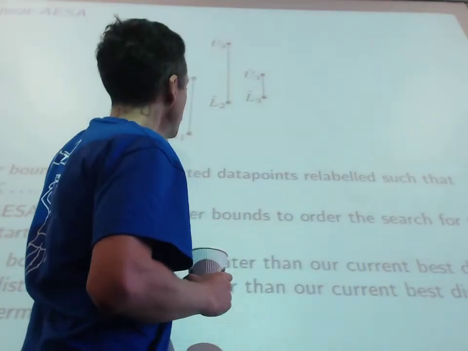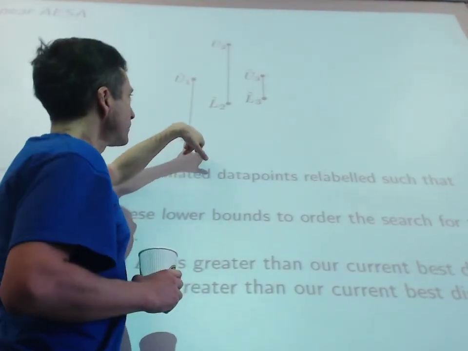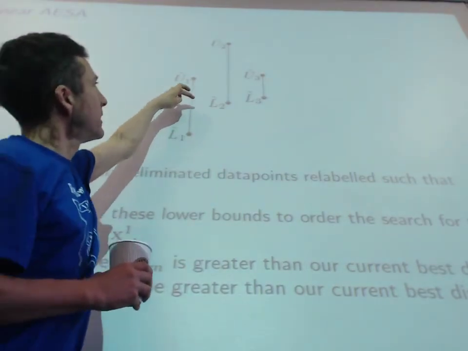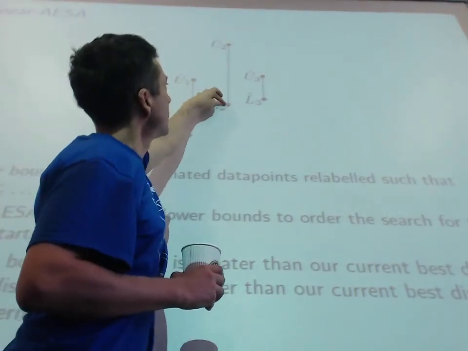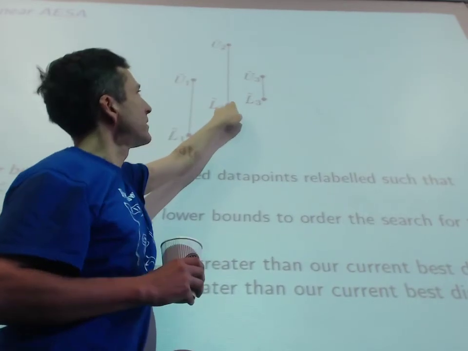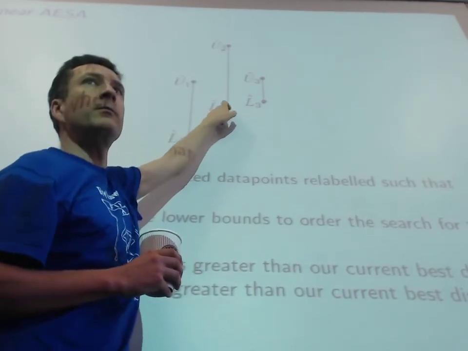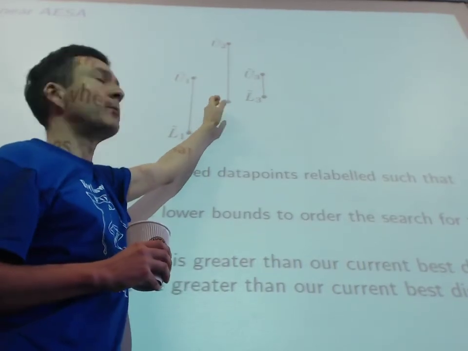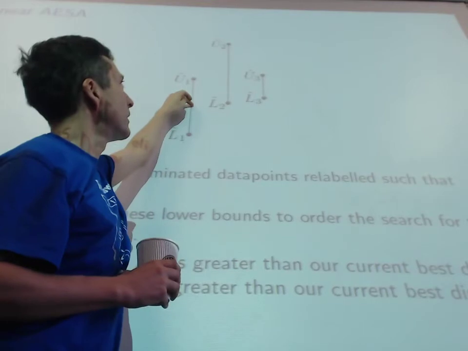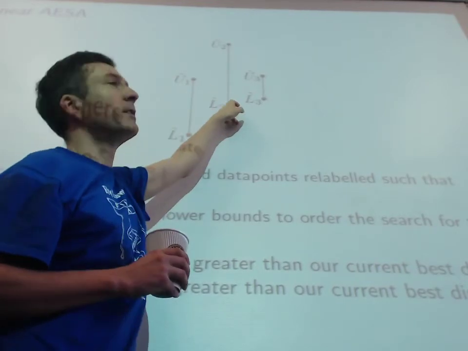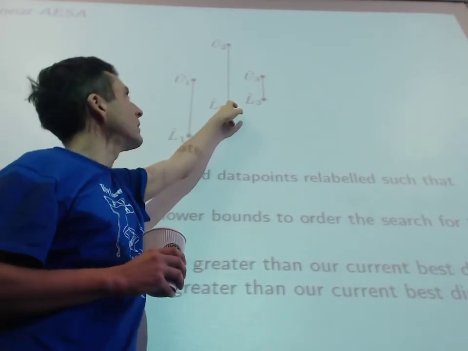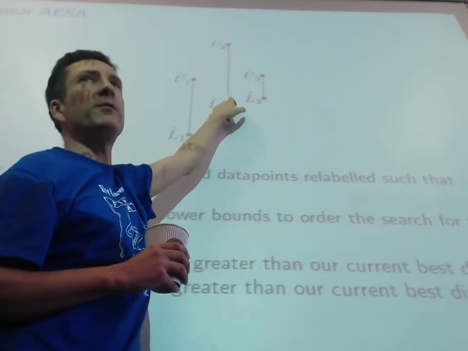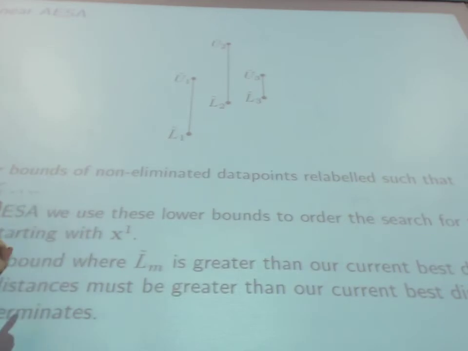If the distance between q and x1 were, say, here, then you would have to consider x2. So now you're in the same position as before. That's my new best value here, and I consider now whether or not L2, the real distance here, and you keep going like this. It's a bit hard to show because there's not much difference between these two, but it's the same idea as before.